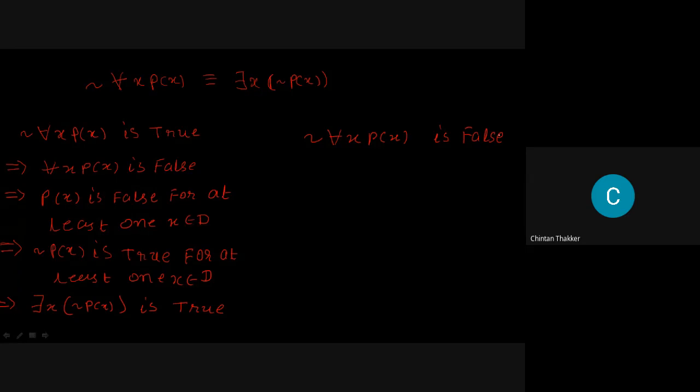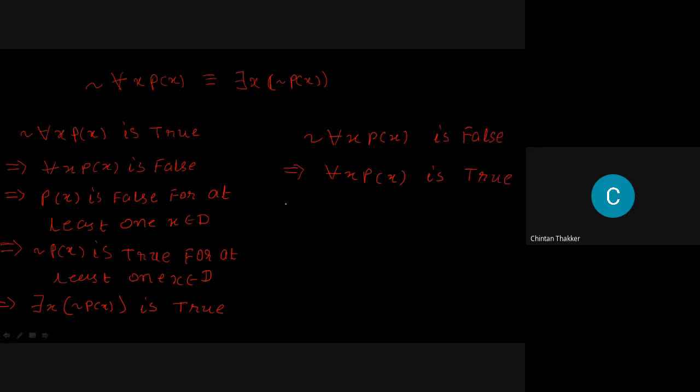So to prove this, here we have this implies negation of all x Px is false. So all x Px is true. Okay, negation of P is false. Then the all x means P is true. So here we have this is true.